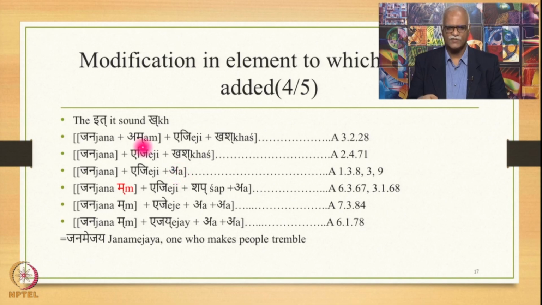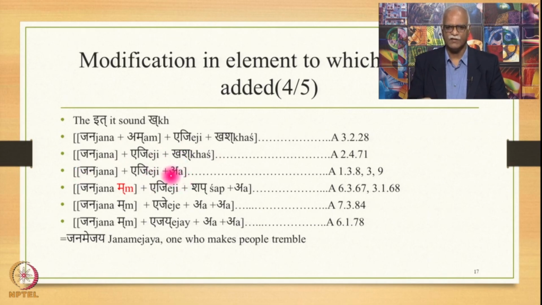Before that, this gets deleted by 2.4.71 supo dhātupratipadikayoḥ, and we get jana plus ej plus khash. Then the it-lopa applies and we have jana plus ej plus a.